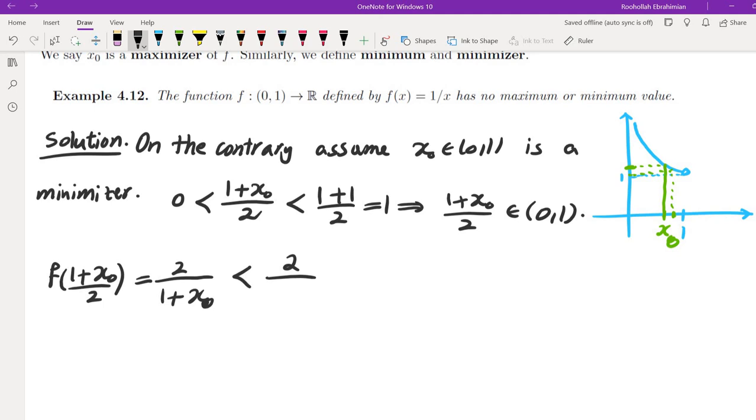Since 1 is more than x0 and we are dealing with positive numbers in the denominator, the fraction becomes larger. So decreasing the denominator increases the fraction. So that gives us 1 over x0, which is f of x0. And this means x0 is not a minimizer.